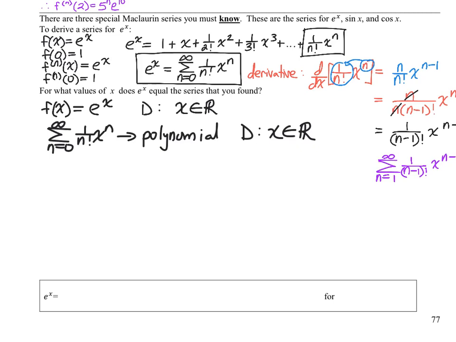All right, so we have consistency here, which means that in every instance for x, I can use this summation, this series expansion, to represent e to the x. All right, so our Maclaurin series is a perfect fit for exponential e.